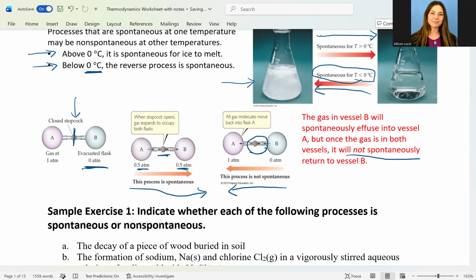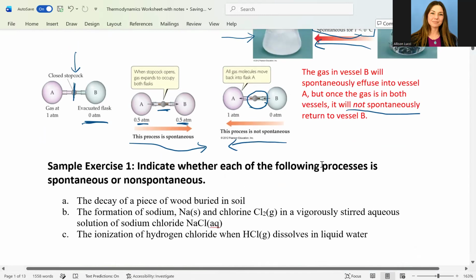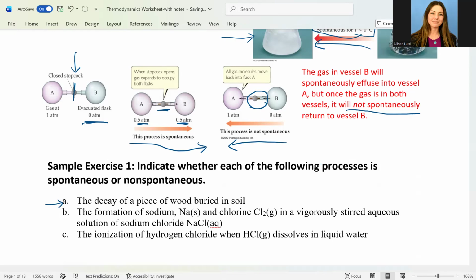So let's take a look down here and see if we can identify with this information what a spontaneous or non-spontaneous process could be. In example A here, we're asked if the decay of a piece of wood buried in soil would be spontaneous or not spontaneous. We can think about just the natural process of organic materials.